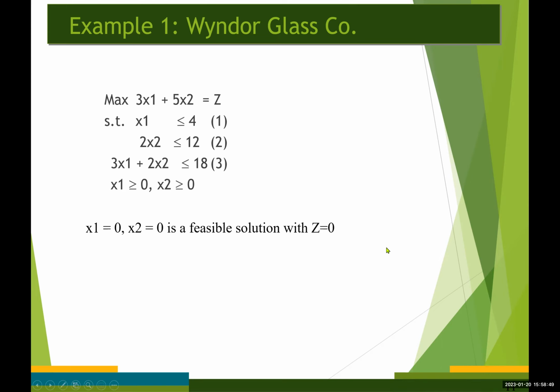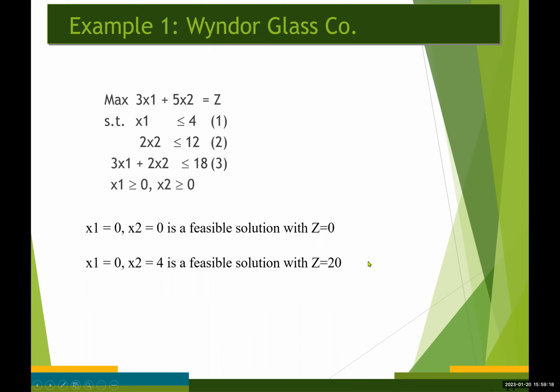So for example, with x1 equals 0 and x2 equals 4, we obtain another feasible solution, which has a larger objective function value, which is 20, right? So obviously this is better than the first case, right?